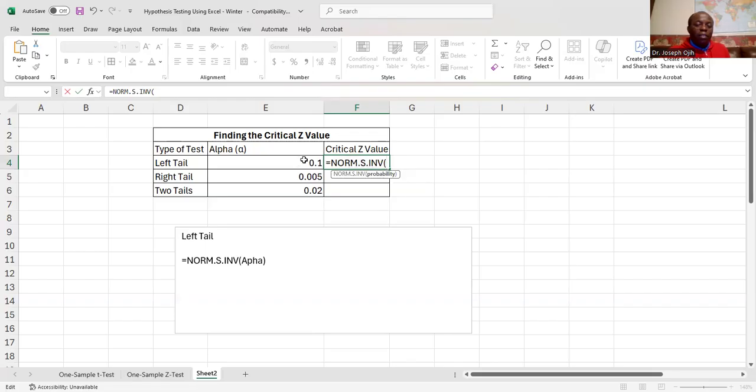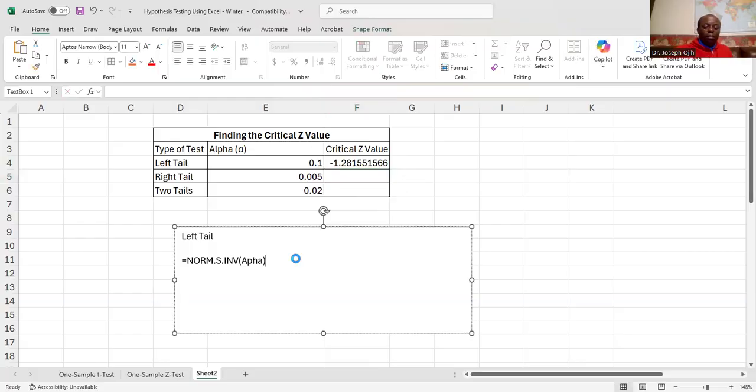This is the alpha right here, so click on it, close the parenthesis, then press the enter key to give you the critical value. Because it's left tail, it gives you a negative number. Now for the right tail.